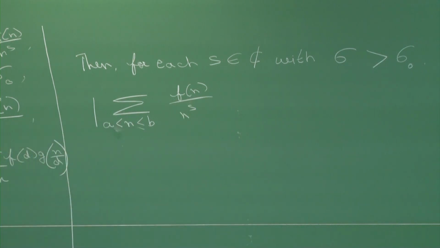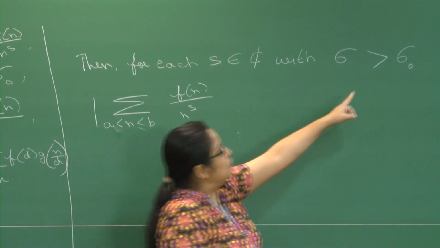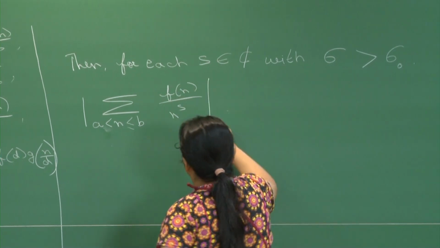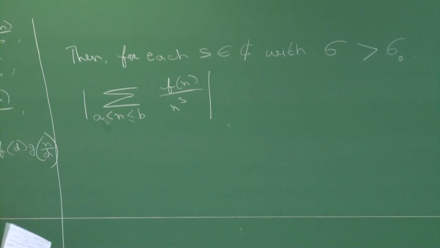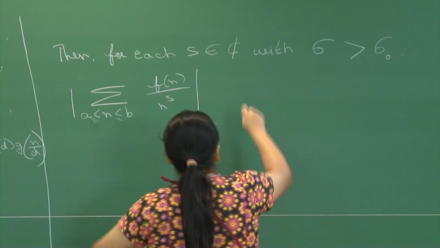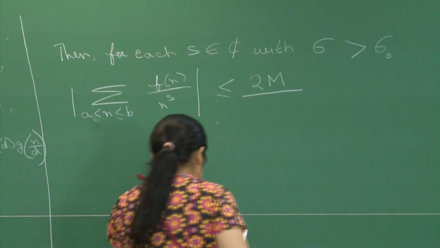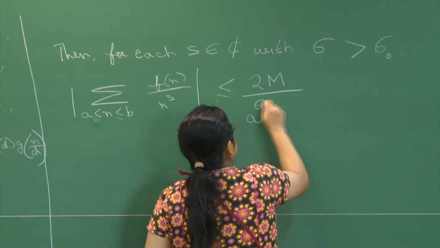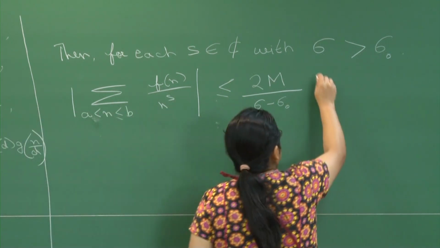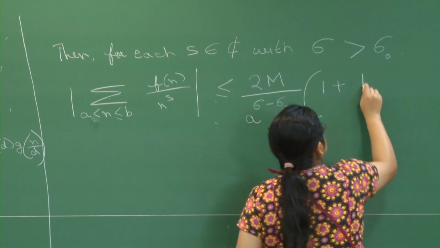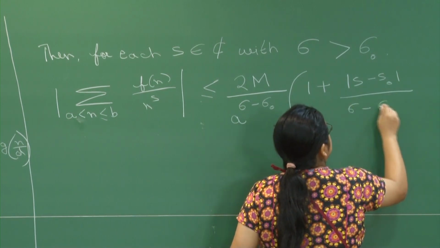So, these are also partial sums, but now corresponding to an arbitrary s whose real part is to the right of the complex number that you have started off with. Using this bound, you can also obtain a bound for this partial sum, and it turns out to be less than or equal to 2 times M over a raised to the sigma minus sigma 0, where a is the term to the left of this partial sum, times 1 plus absolute of s minus s0 over sigma minus sigma 0.